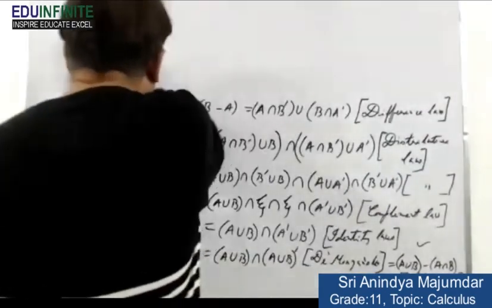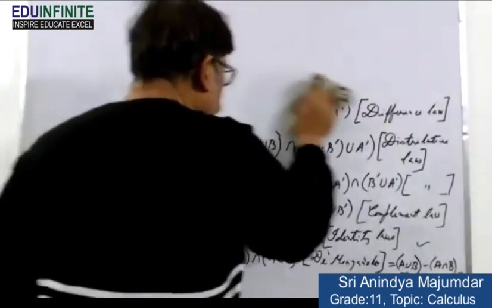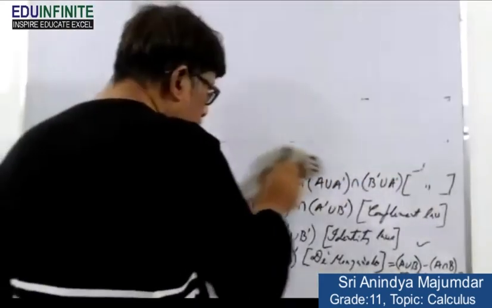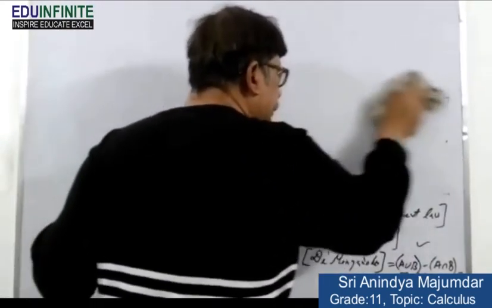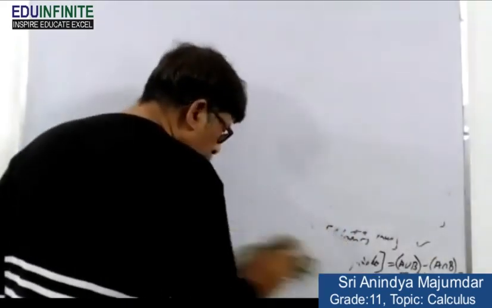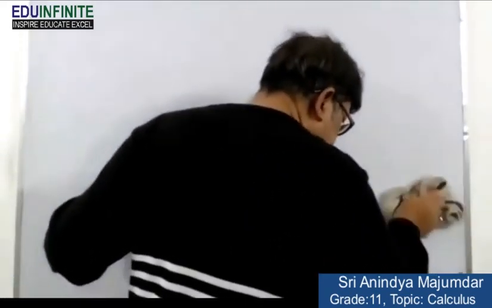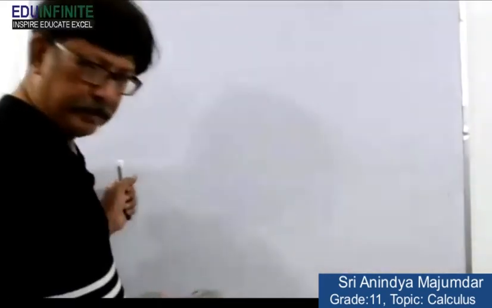I'm giving you two sums at a time, and you have to do them with the help of both methods, that is the Venn diagram as well as the laws of algebra of sets.